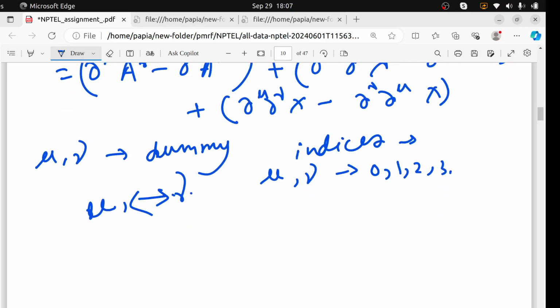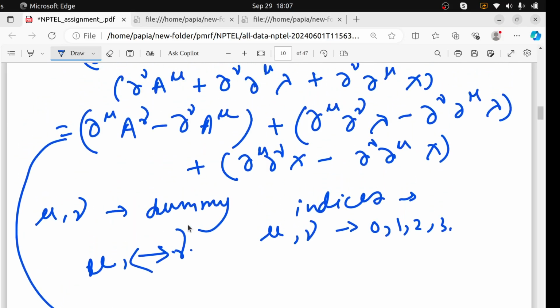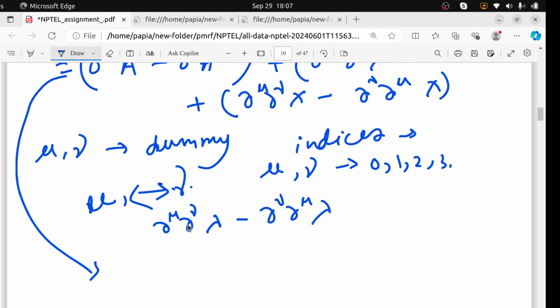As they are dummy indices, we can simply interchange mu and nu. So just see the second and third brackets. Del mu del nu lambda minus del nu del mu lambda. If I just change one term, mu to nu, then it gives us 0.